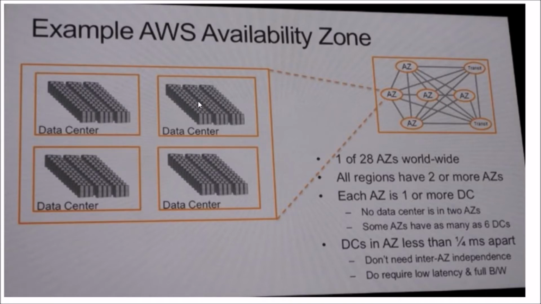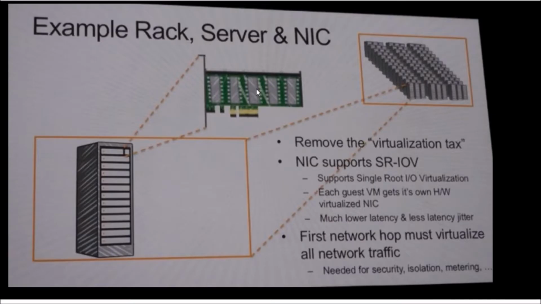Inside the data center there are racks, and inside the racks there are servers and NICs. Two or more data centers combine together to make an availability zone, and two or more availability zones create a region. So this is how the AWS infrastructure looks.